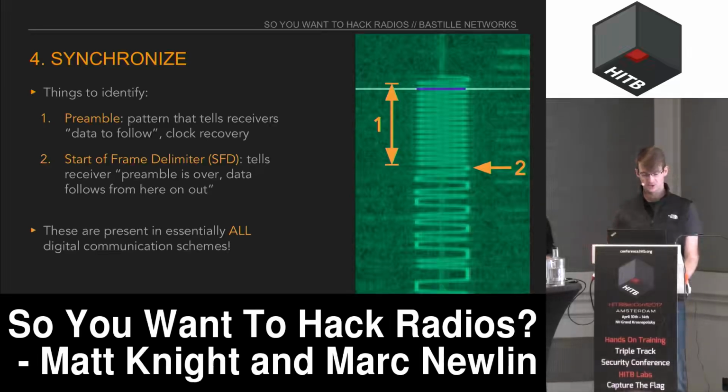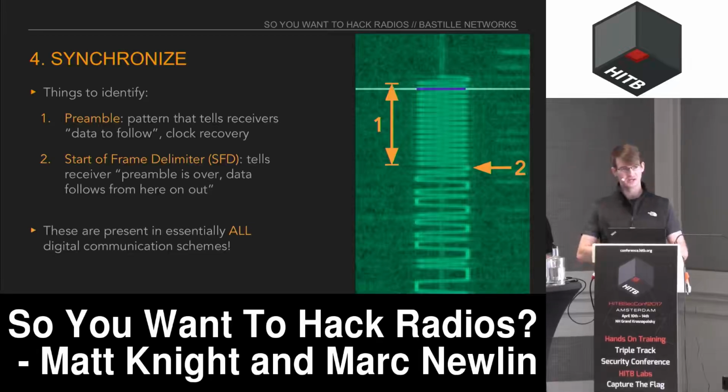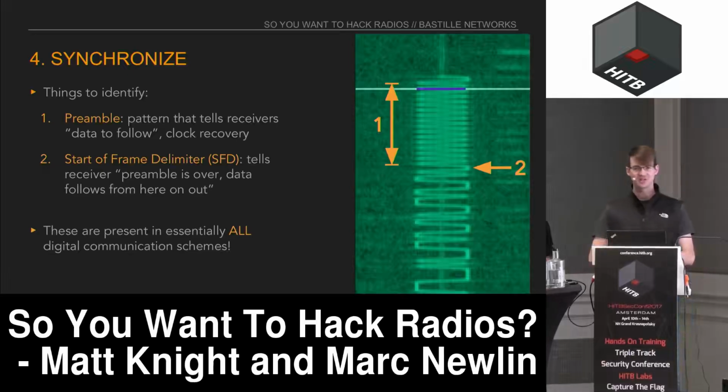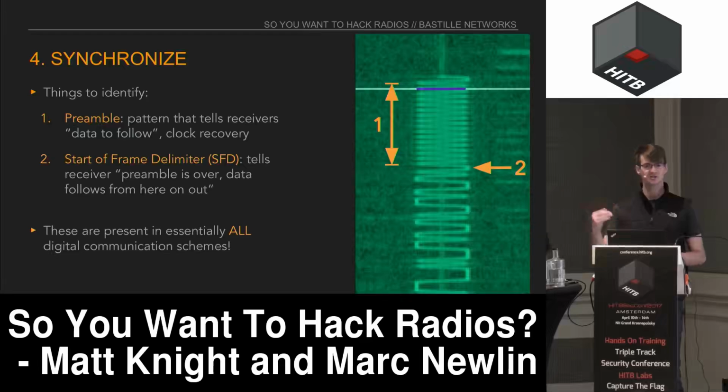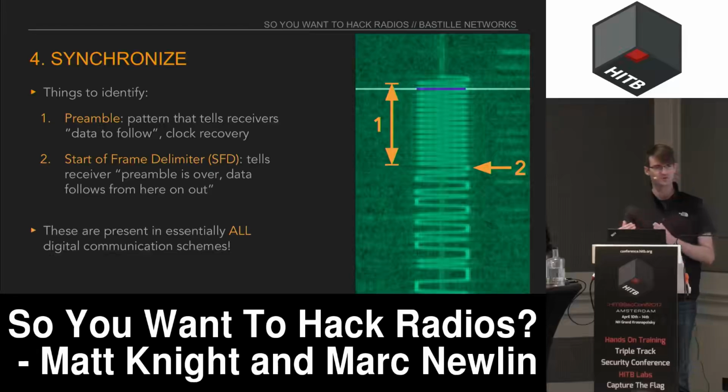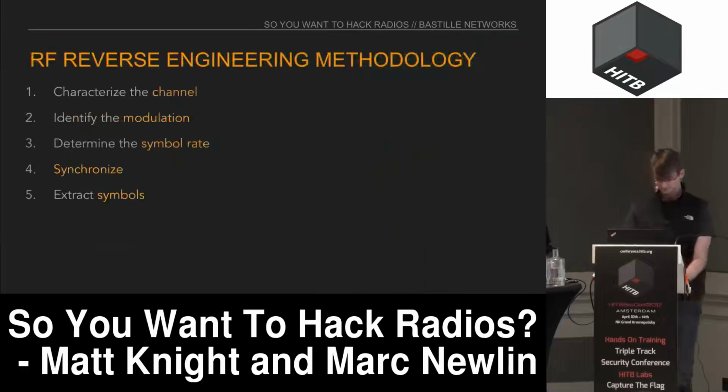We'll talk about that briefly later, but really the preamble just says, I'm about to send a packet. And then immediately following the preamble is this synchronization feature called the start of frame delimiter. The start of frame delimiter is a static value that is distinct from the preamble that basically tells the receiver that the preamble is over and what follows immediately thereafter is data, right? So again, these are present in essentially every wireless communication scheme. We're basically just going to write software to look for these things to synchronize our receiver to the transmitter and start framing our data out.